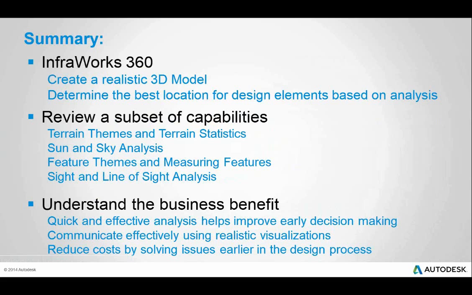Those analysis tools are terrain themes and terrain statistics, sun and sky analysis, and feature themes and measuring features. Site and line of sight analysis is accomplished using the Select Visible tool. And hopefully now we've understood the business benefit of all of these features.